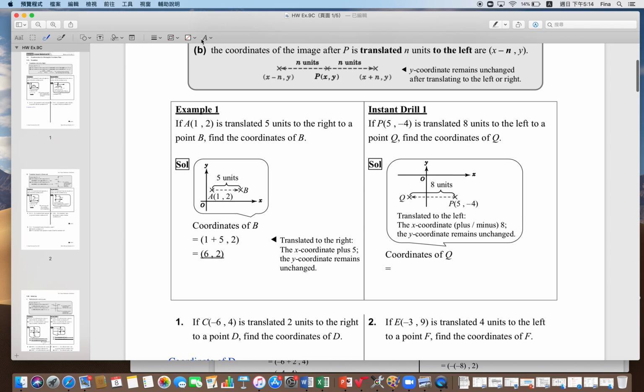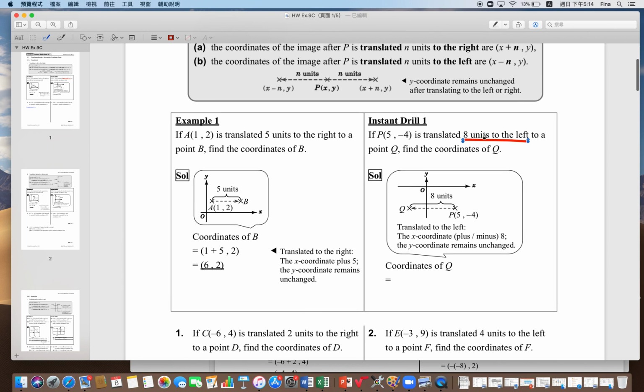If it is translated 8 units to the left, that means only change the x coordinate and keep the y coordinate unchanged. And for the x coordinate, because it is to the left, it should be minus. Then the y coordinate should remain unchanged.